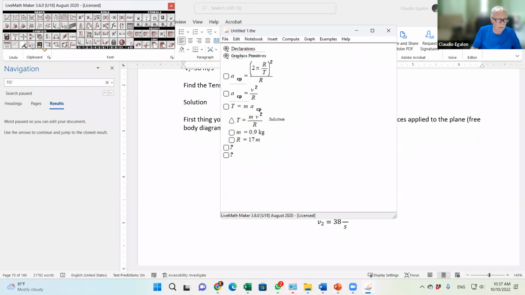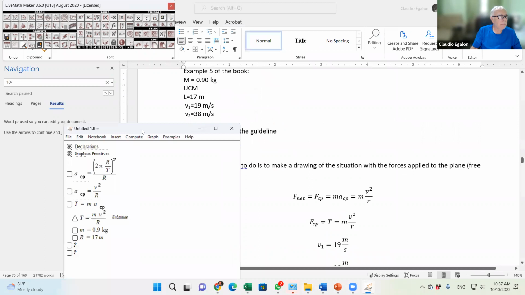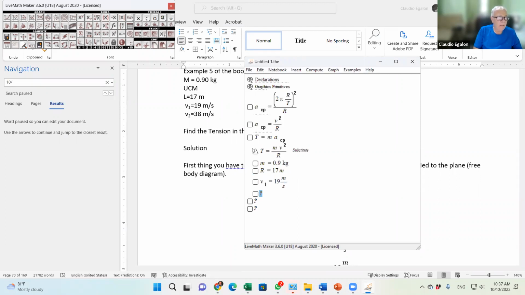And we want to solve this problem for two different speeds, V1, 19 meters per second, and V2, 38 meters per second.